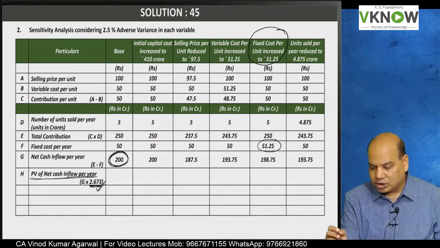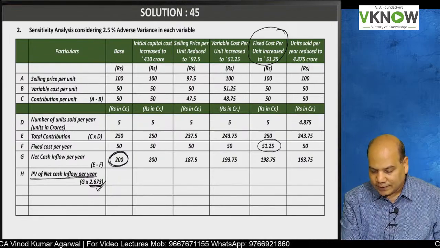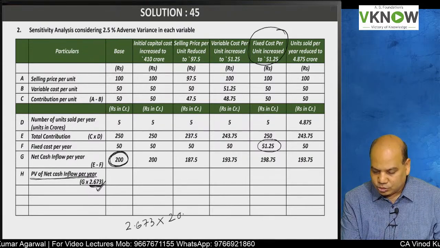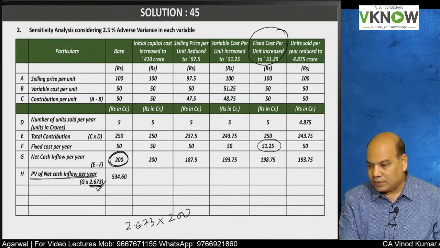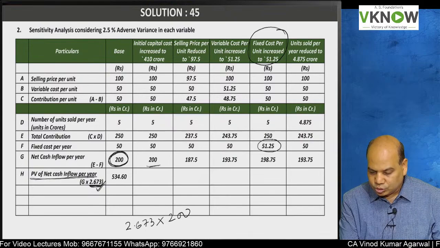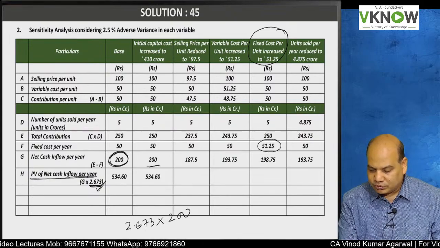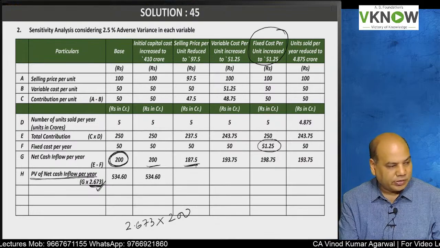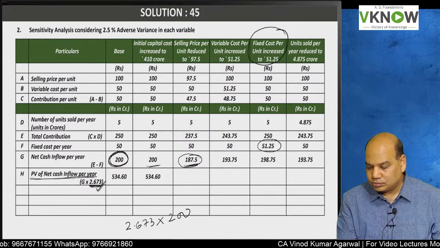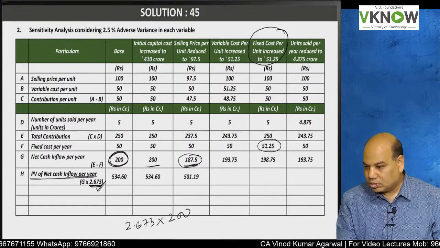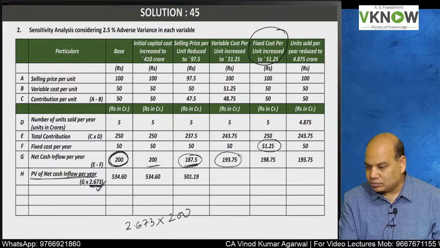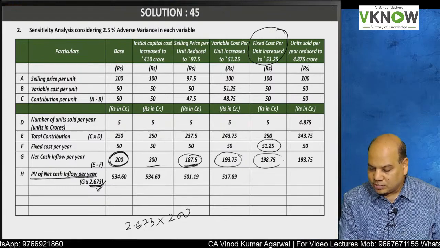Now I will tell you how to get it fast. First you type 2.673 multiplied by 200. You will get 534.60. Now just type the next number and press equal to, and you will get 501.19.